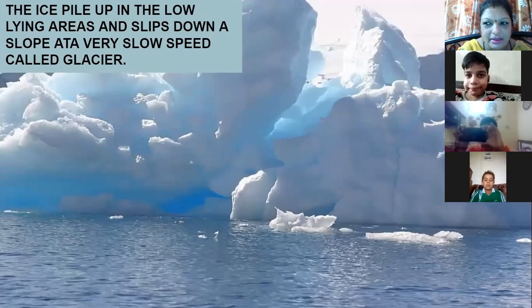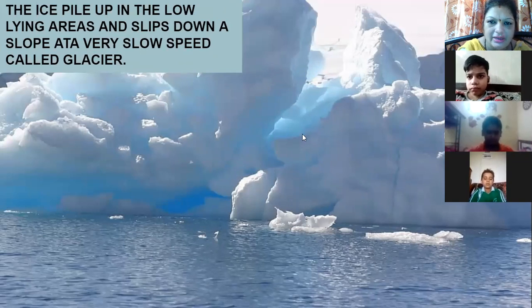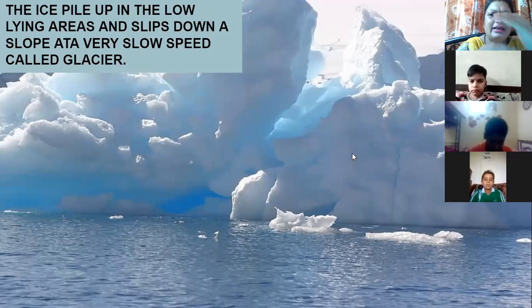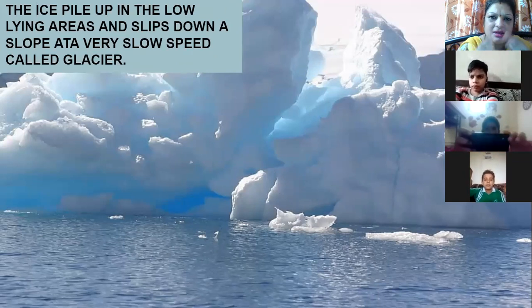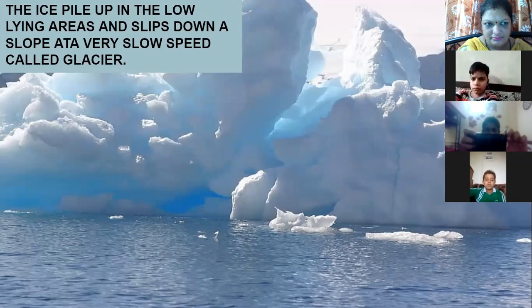This is another big, huge block of ice, we can say. Now this is also ice, but it is a huge block, not small. So that ice keeps on piling up, one layer above the other. It piles up, and then it slips down.